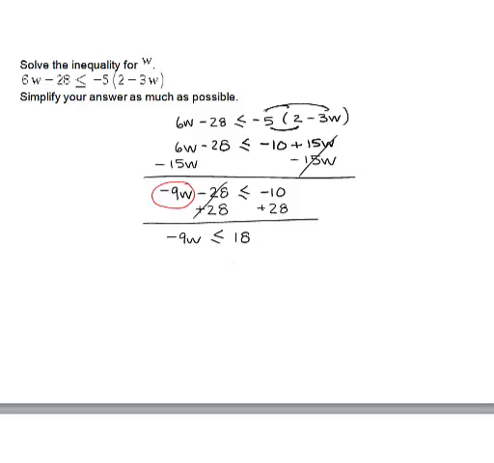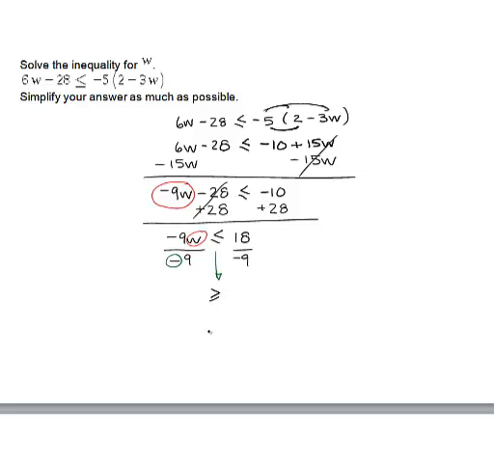I'm almost there, so I want to isolate my w, and what am I doing to it? I have a negative 9. Negative 9 is my coefficient. I'm multiplying by negative 9, so I need to do the opposite, which is divide by negative 9. But remember, because I'm dividing by a negative number, I have to switch my inequality sign.